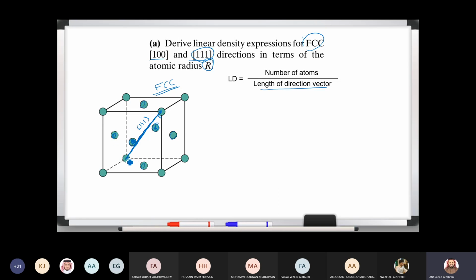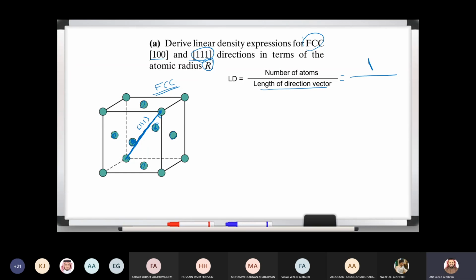And we are talking about cutting the unit cell through the diagonal, so within the body, within the unit cell itself, from the back to here. So again, my question, does it pass through any other atom? No. So how many atoms do we have here? We have 2R, meaning how many atoms do we have? Just 1, exactly. We have 1 atom.